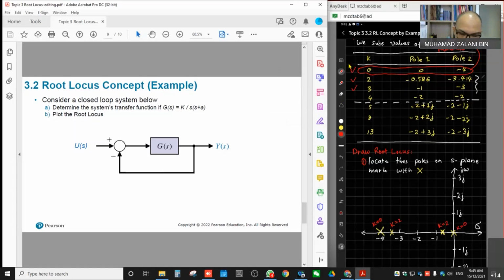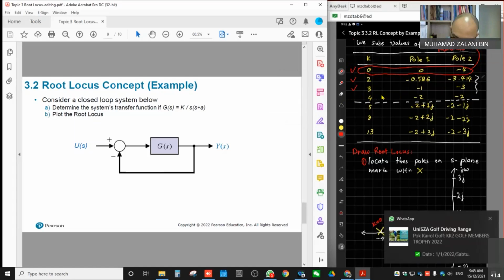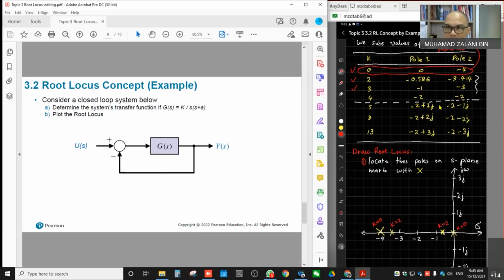Now I want to draw the pole location for K equals to 3, which is the first pole is negative 1, the second pole is negative 3. So continue with this one, negative 1 and negative 3. That is for K equals to 3.